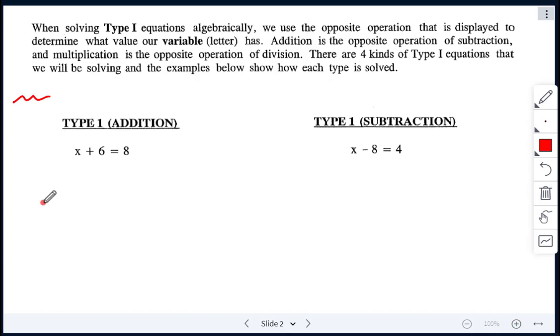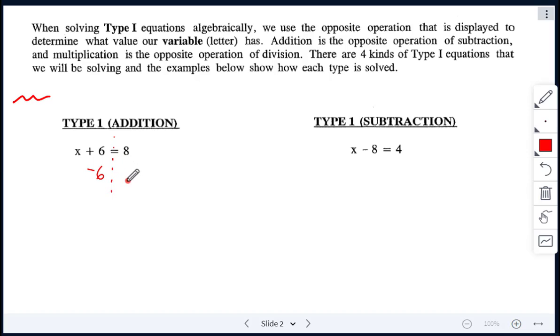So the first one is an addition. The opposite of addition is subtraction. When we're doing these, it's really important to be showing your steps. So we're going to subtract 6. And if you remember, you can draw this dashed line through the equal sign, and then this side is your left-hand side, and this side is your right-hand side.